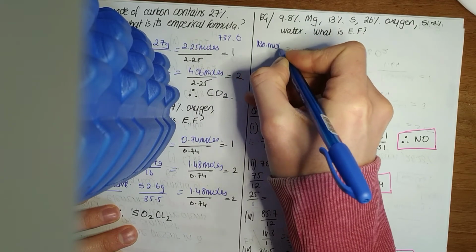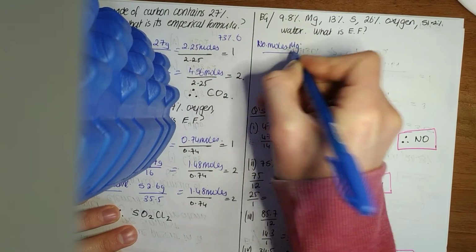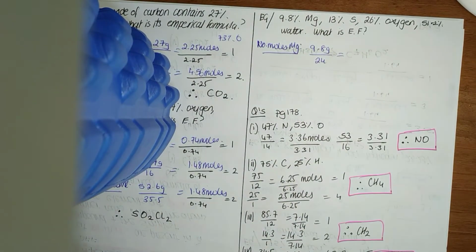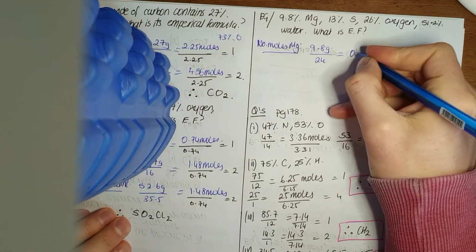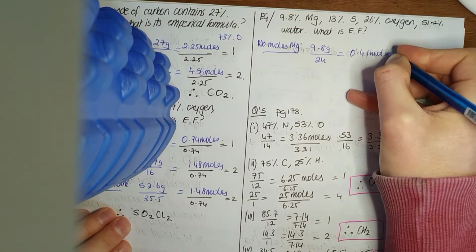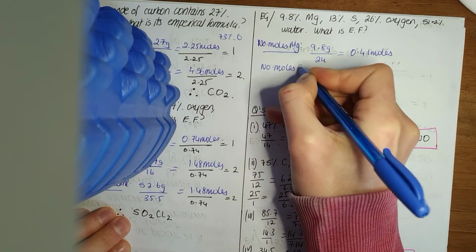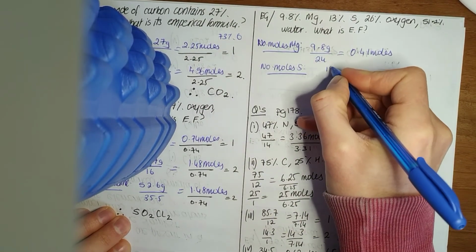So number of moles of magnesium, 9.8 grams divided by the mass number, which is 24. And we get 0.4083 or 0.41 moles. Number of moles of sulfur. It's 13.